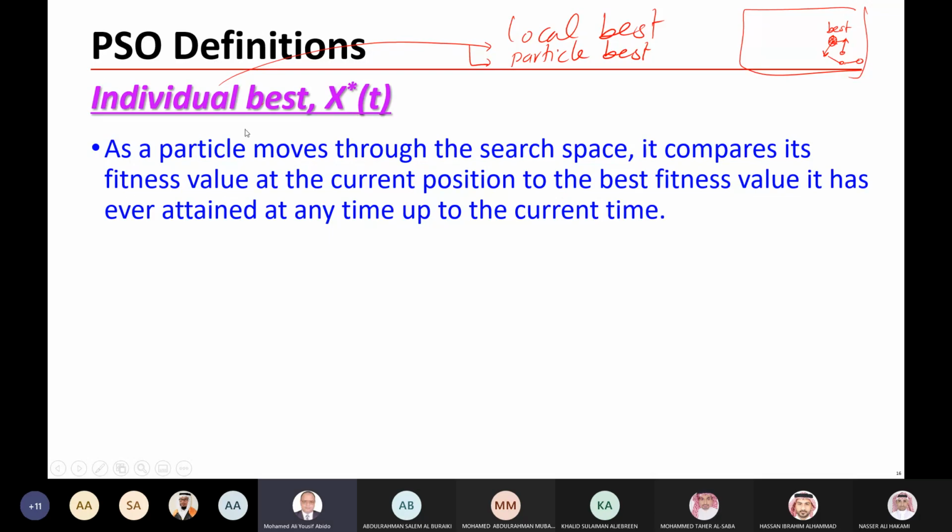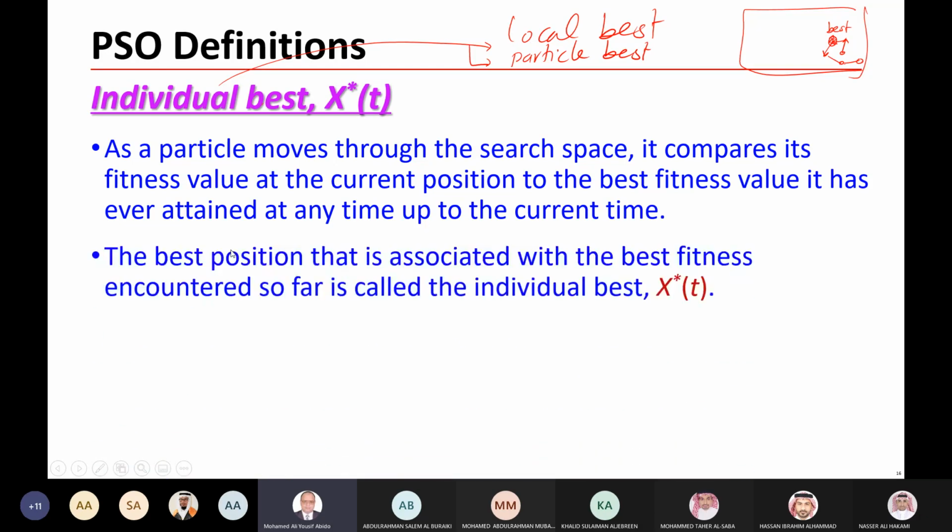So the number of individual bests, as I mentioned, is equal to the number of particles. If you have 50 particles, you have 50 individual bests. The best position that is associated with the best fitness encountered so far is called the individual best, where X is a position and V is a velocity.